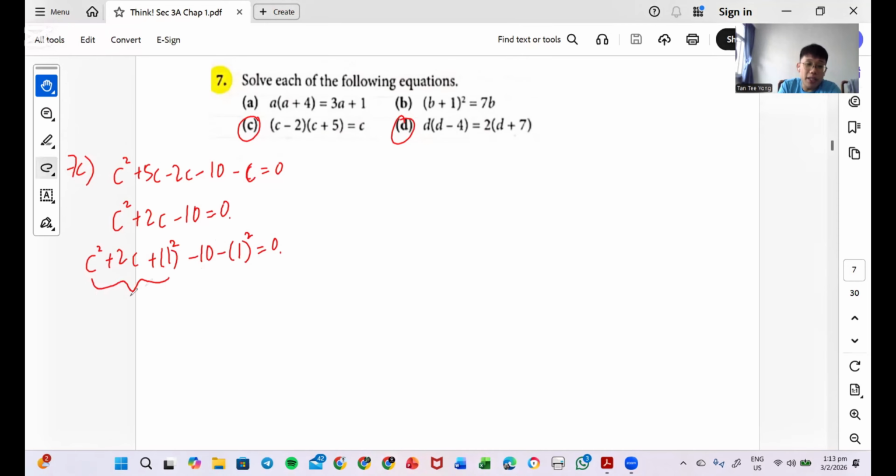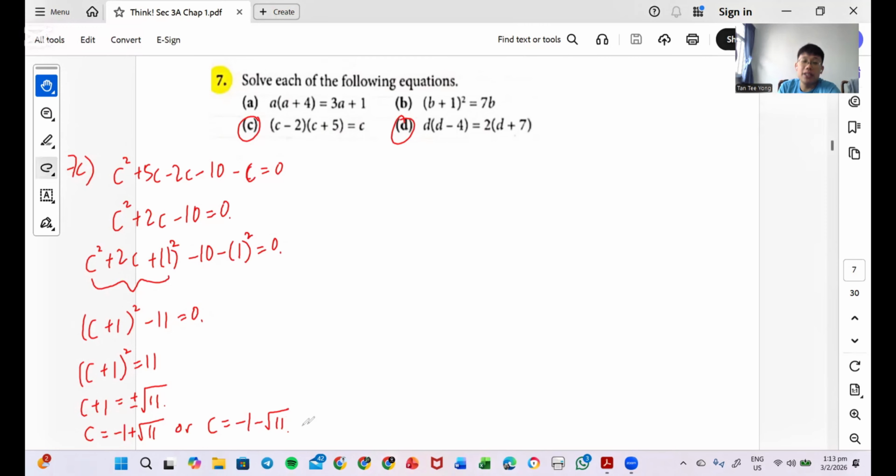So this part you complete: c plus 1 whole thing square minus 11 equals 0. So c plus 1 square equals 11. c plus 1 equals plus minus square root 11. So c equals negative 1 plus square root 11, or c equals negative 1 minus square root 11.